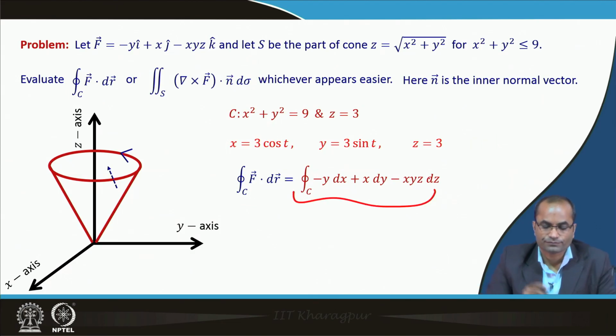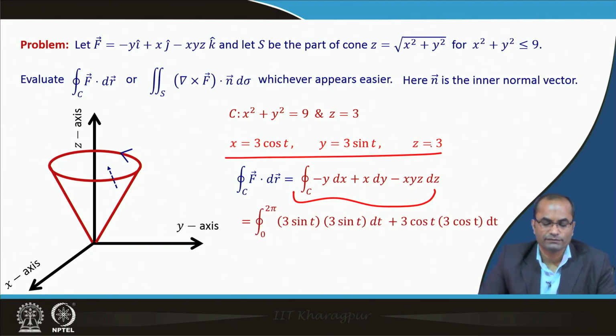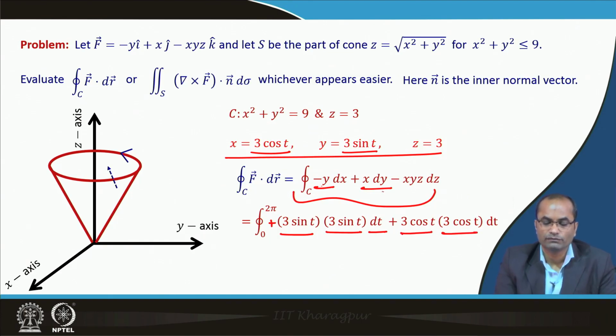So, this is fine. We have this integral and the parametric equations are already given. So, we can substitute y is 3 sin t, and then dx will be 3 sin t with a minus sign. So, this minus minus will be adjusted, so we have plus there. So, 3 sin t dt, and similarly here x is 3 cos t and dy will be 3 cos t dt.